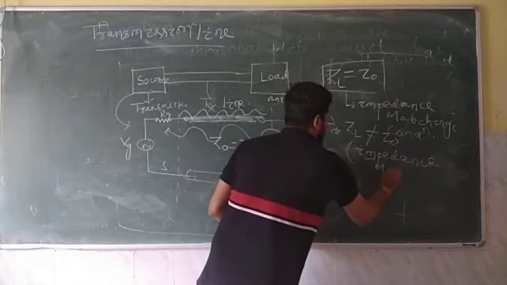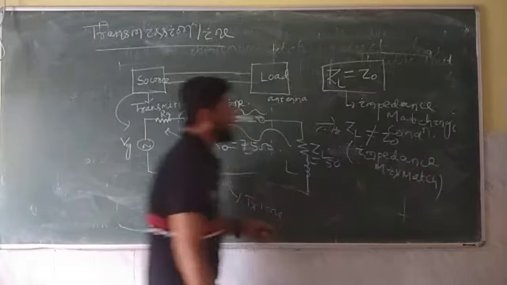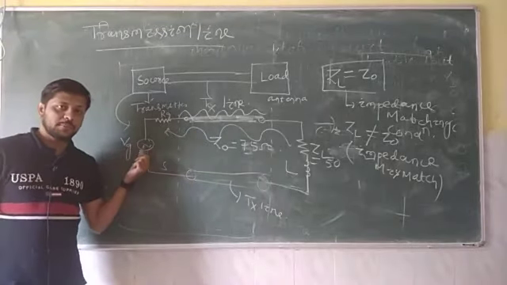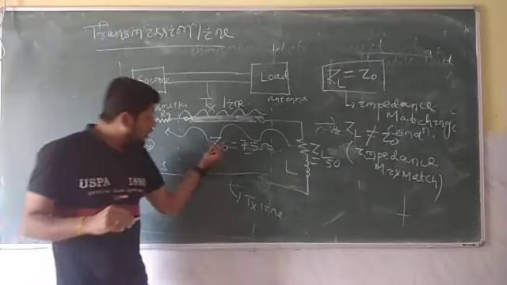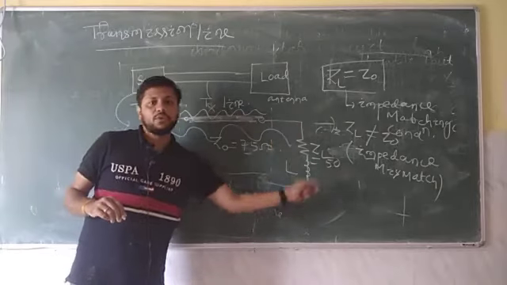Impedance mismatch condition. In that case, some part of the wave will be reflected back. But what is your target? Your target is the minimum reflection and maximum absorption by this load.